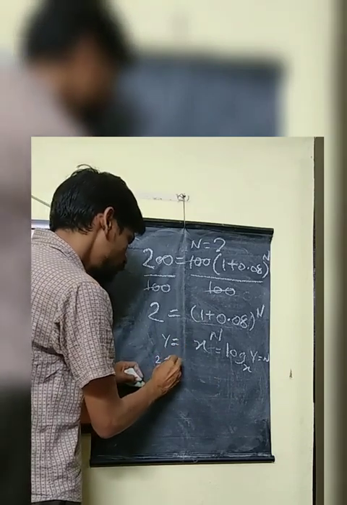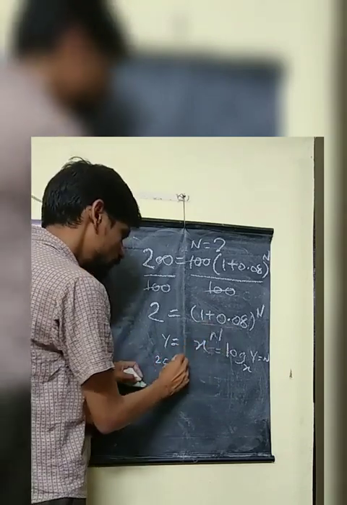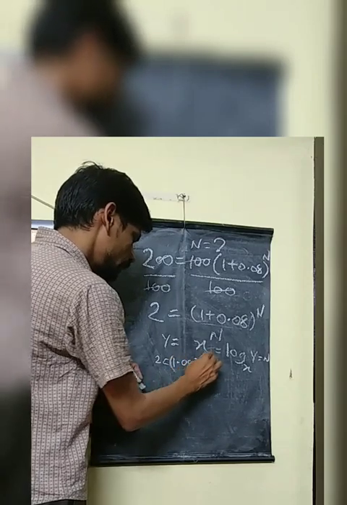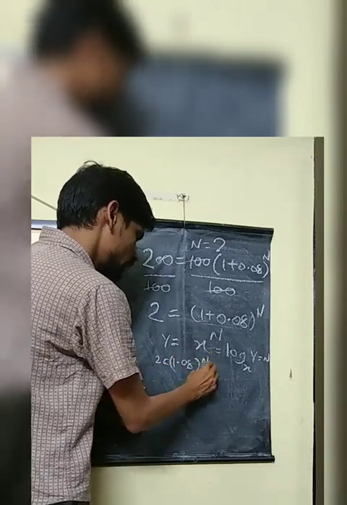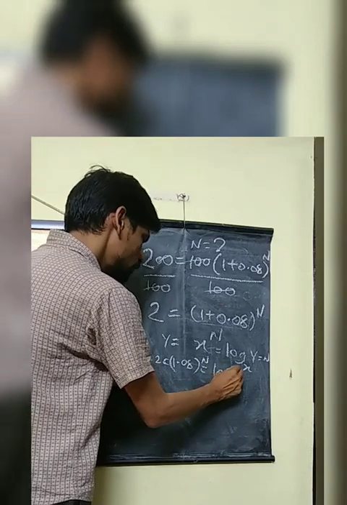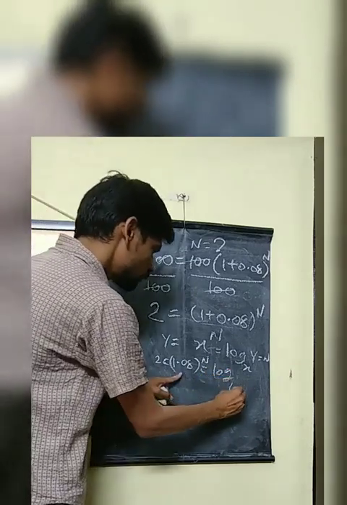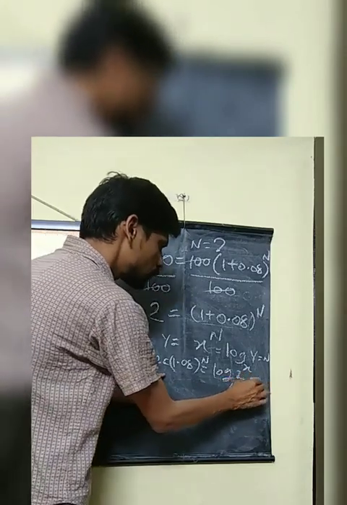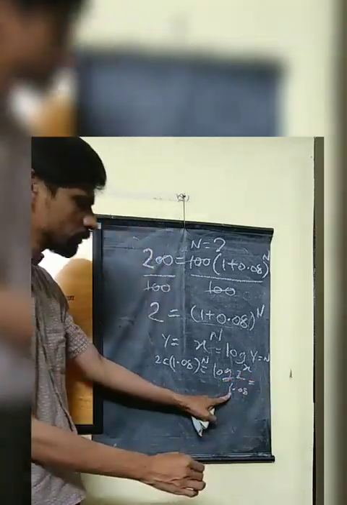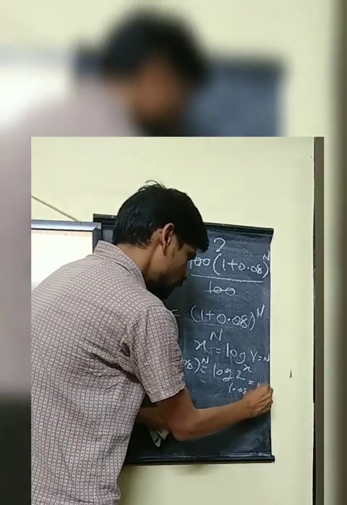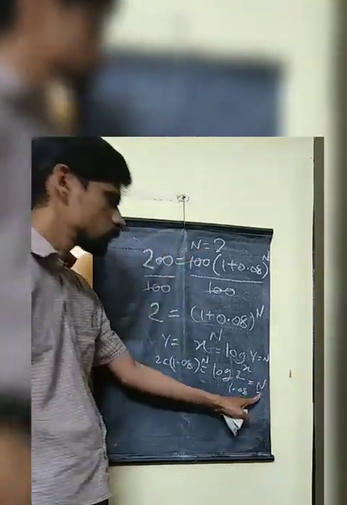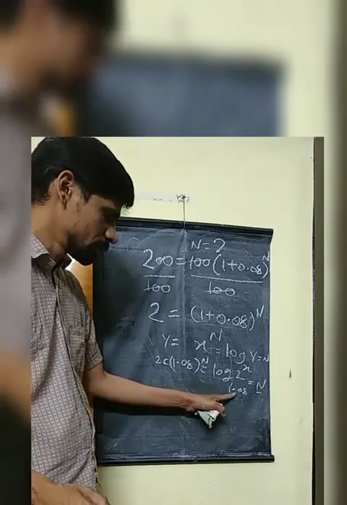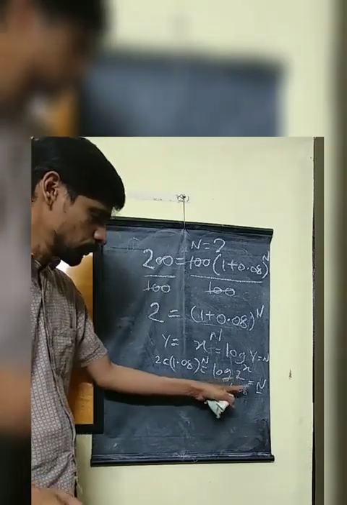We have 2 equals (1 plus 0.08), that is 1.08, power n. So this can be translated as log, this is my base, 1.08, of 2. I want to become 2 from this state. This is what I want to know. So log base 1.08 of 2 equals n.